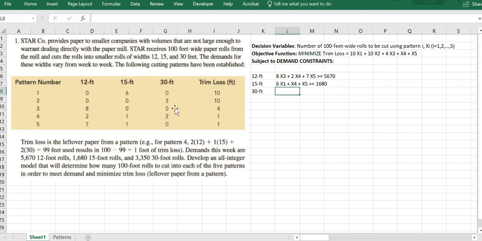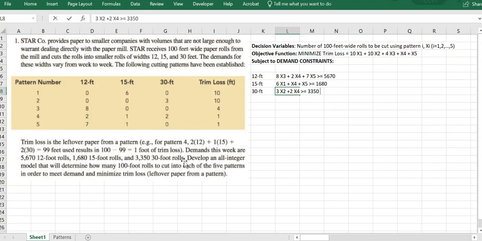So 3 times x2, plus nothing with pattern 3, and 2 with pattern 4, 2 times x4. So this is the total number of 30 foot rolls that you can produce with these decisions, and that has to be greater than or equal to 3350, which is your demand for 30 foot rolls.